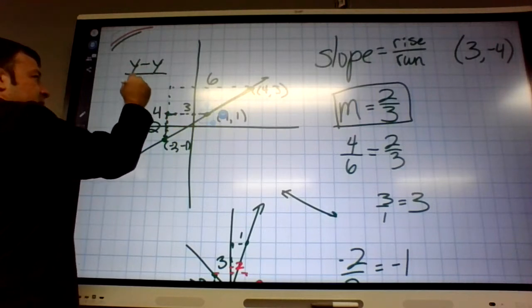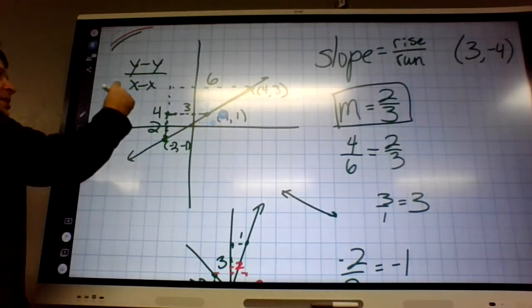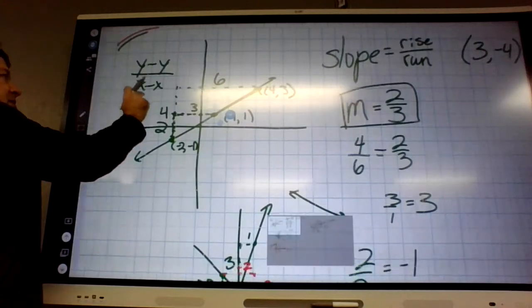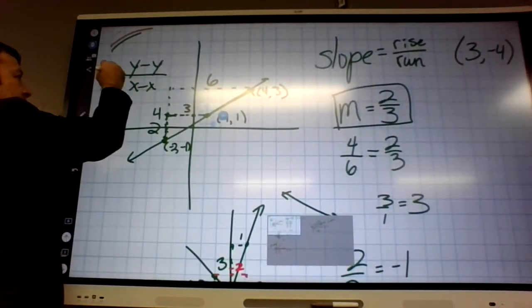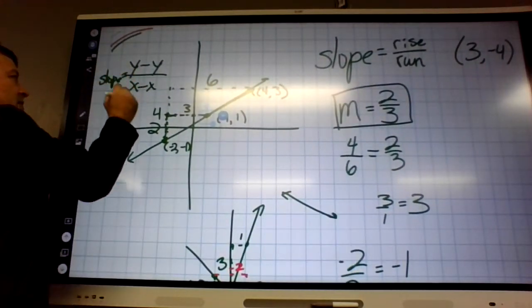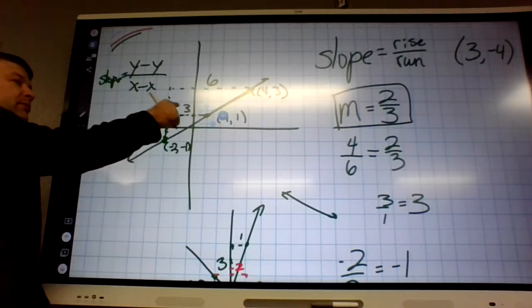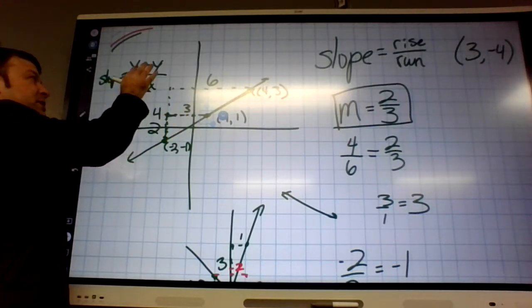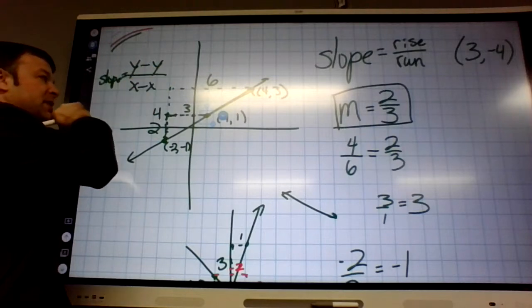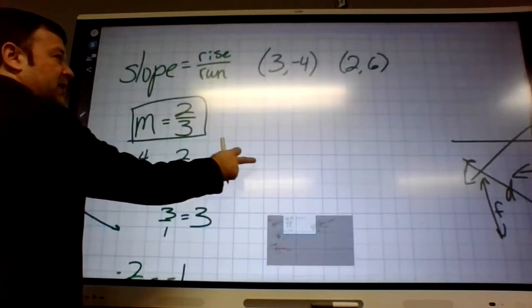So it's x2 minus x1. So this is called the slope formula. Slope equals y2 minus y1 over x2 minus x1. So you don't have to graph it and count. If they already graphed it, you might as well just count, but you don't have to graph it. You can just do y2 minus y1 over x2 minus x1. So let me go back to that example over here.